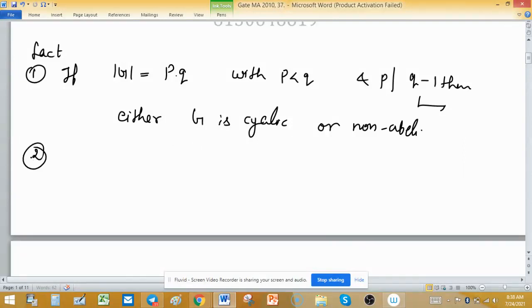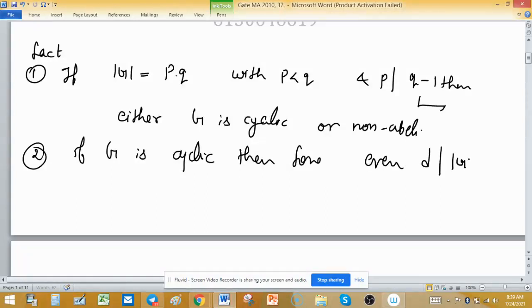Fact 2 is, if G is cyclic, then for every divisor d which divides the order of G, there exists a unique subgroup of order d.